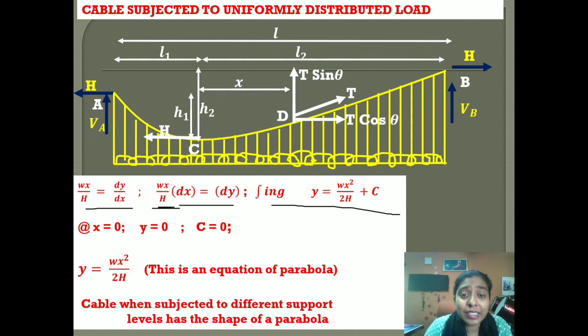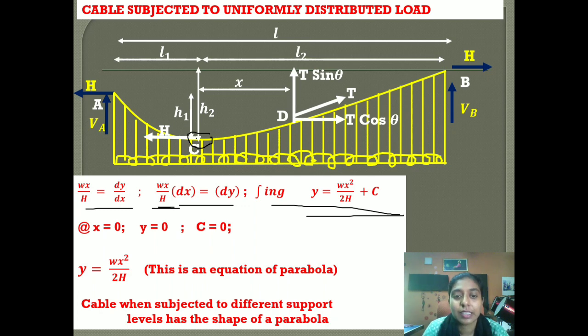At x is equal to 0, that is at the point C, when x is equal to 0 we substitute in this equation and get c equal to 0, because at x equal to 0, y is equal to 0.